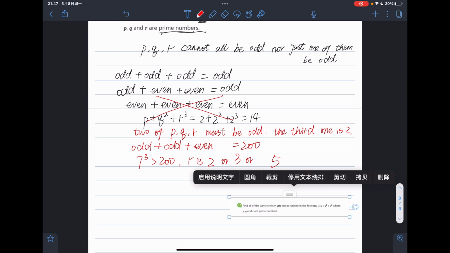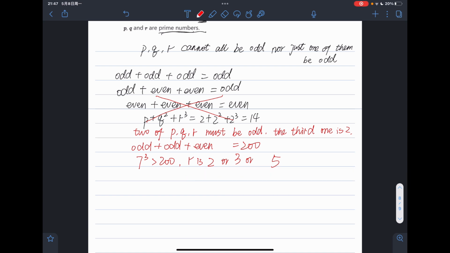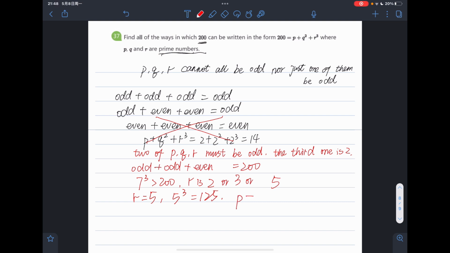Okay, if r is 5, then 5 cubed is 125. Then we have p plus q squared equals 75.